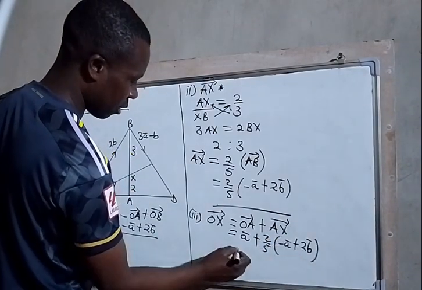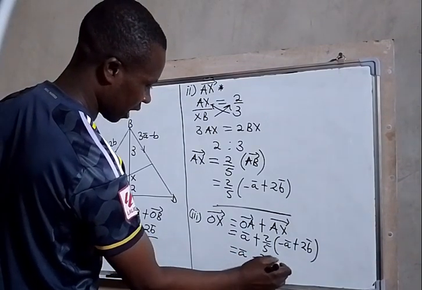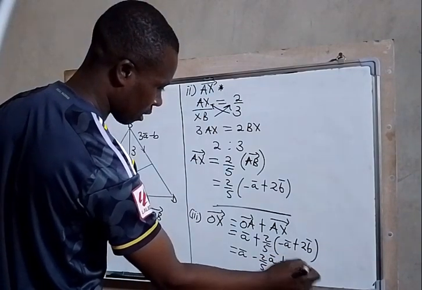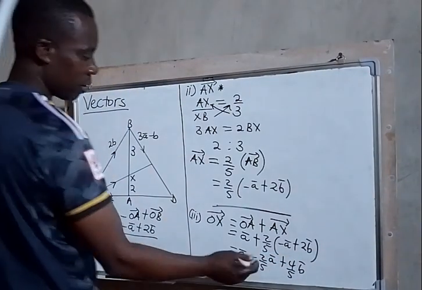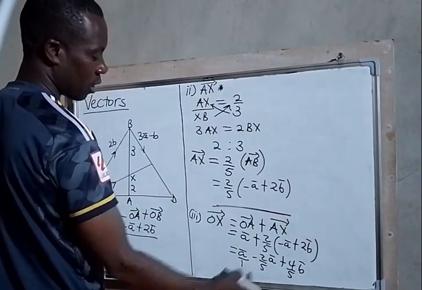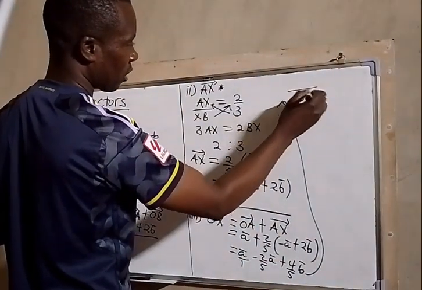We simplify here, we have vector A minus 2 over 5 vector A plus 4 over 5 vector B. Then we simplify, this is the same as vector A over 1. Common denominator, that's over 5.